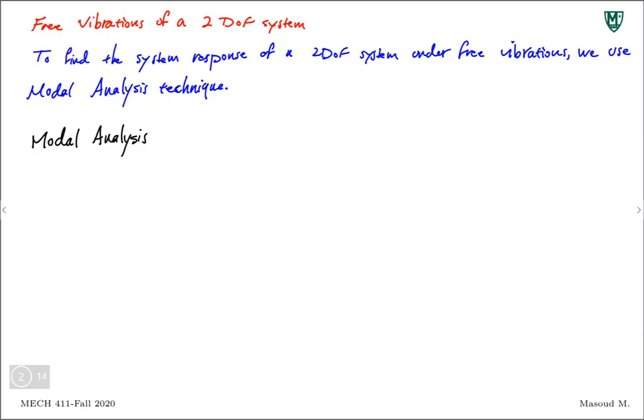So, modal analysis. Do you remember when I talked about mode shapes and natural frequencies? I said you can think of those mode shapes as unit vectors, the same way that you represent any vector in a two-dimensional space using i and j, those unit vectors that you have in the Cartesian coordinate system. If you're in 3D space, you represent any vector with 3 unit vectors, i, j, and k, right?